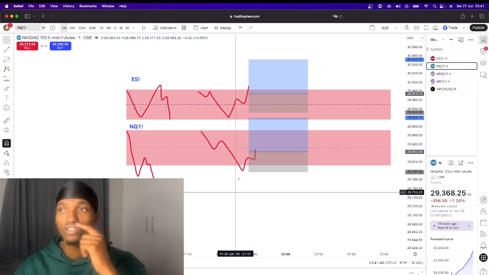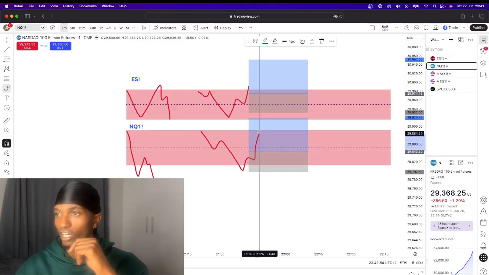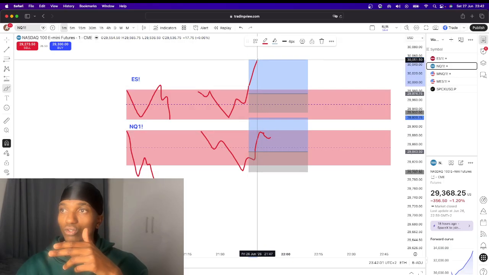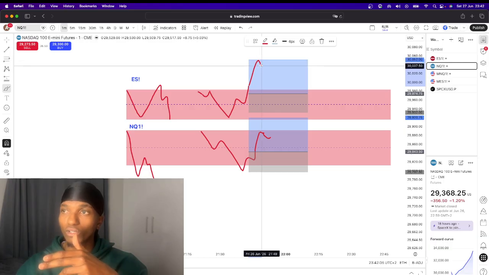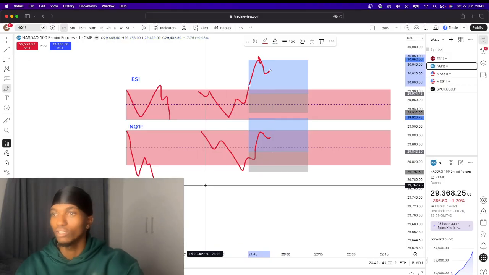And on Nasdaq, for example, if Nasdaq pushes, let's say, up to here, and then we make a retracement on ES, you might find that at the point that Nasdaq is making a retracement, your take profit would have been hit up here, right? Then we make our retracement. I'm gonna show you real chart examples of this. Actually, let's go ahead and do that.